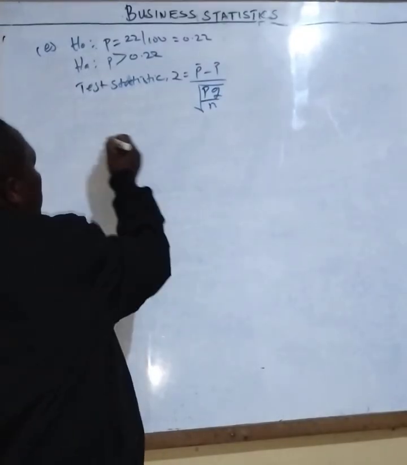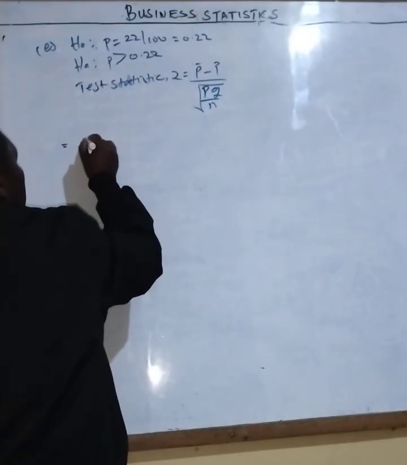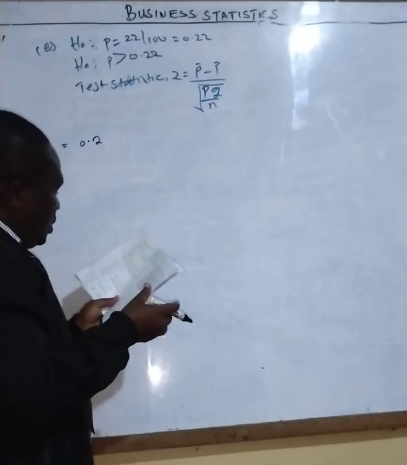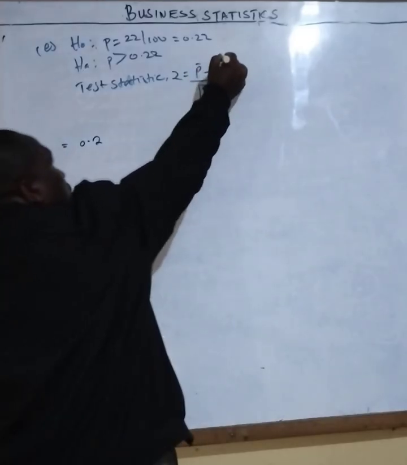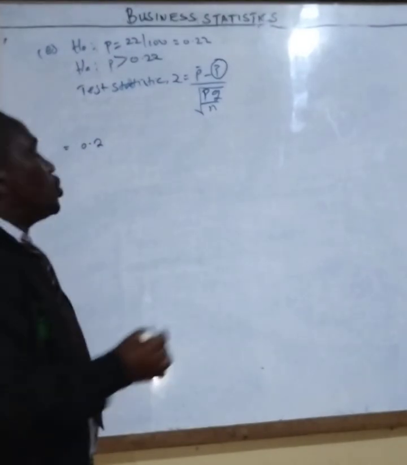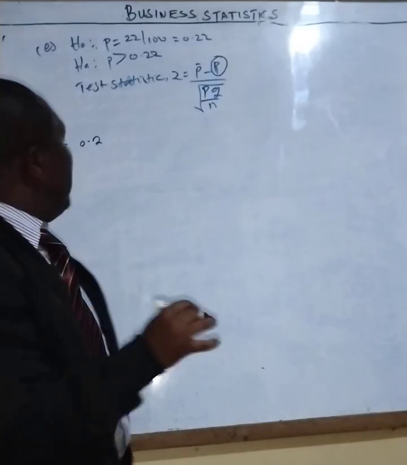Now, we come and substitute. Where we have the sample P, we have 0.22. And we have been told it exceeds 10%, so that is our normal P from the population. This P is from the population, and a P with a hyphen is from the sample.